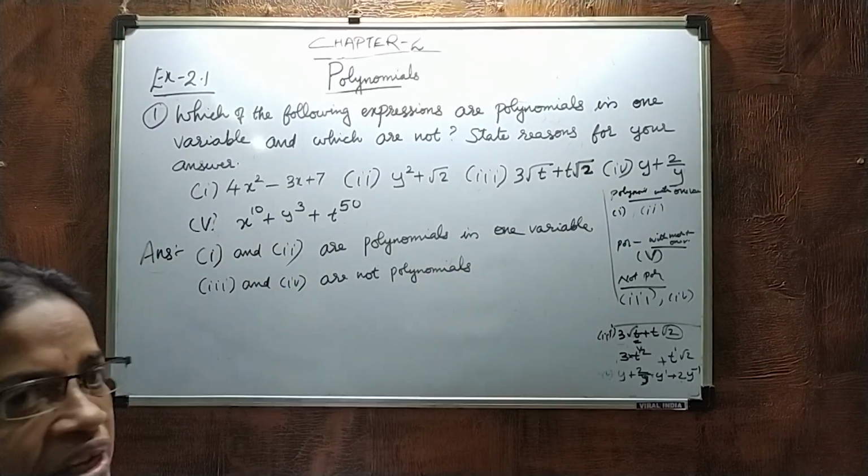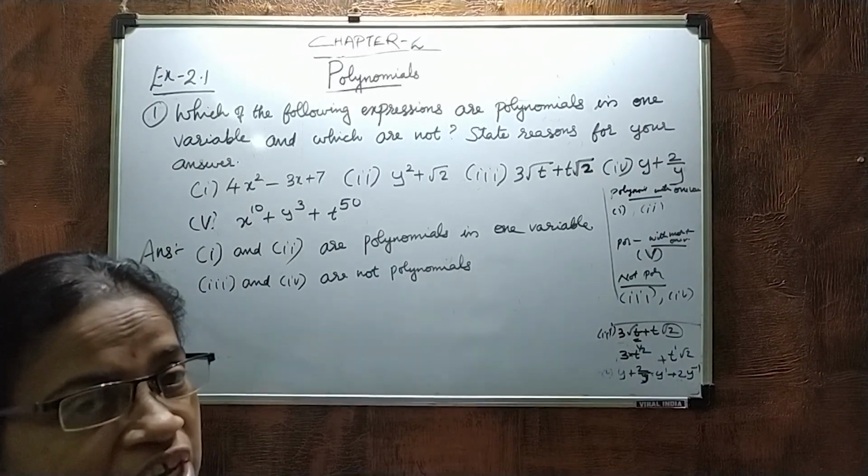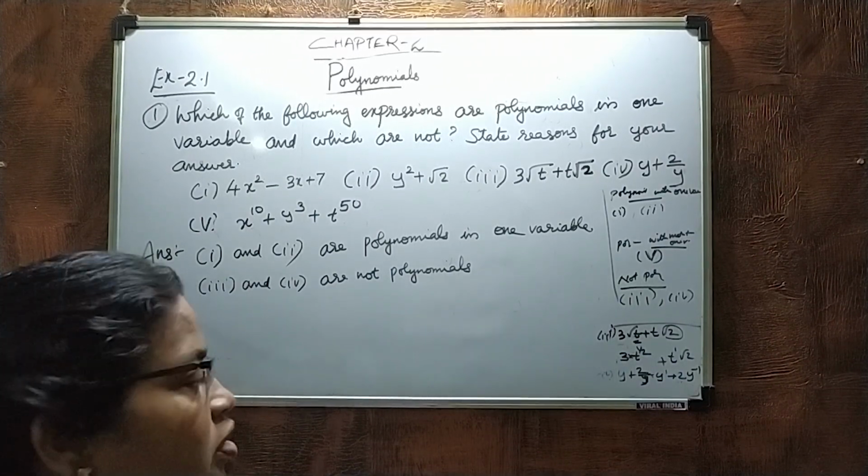We can say they are not polynomials when the variables' exponents are not whole numbers.